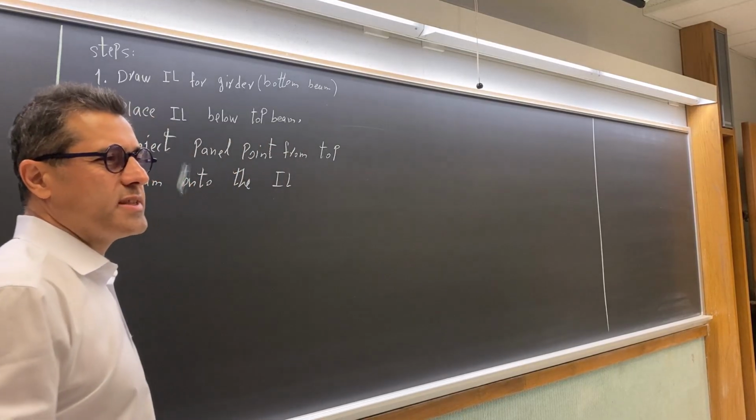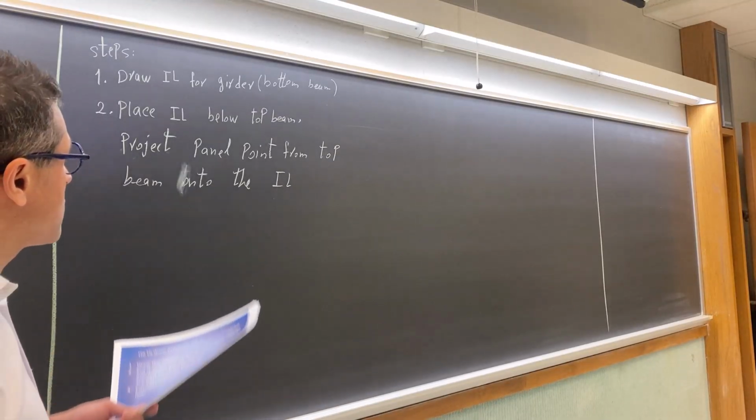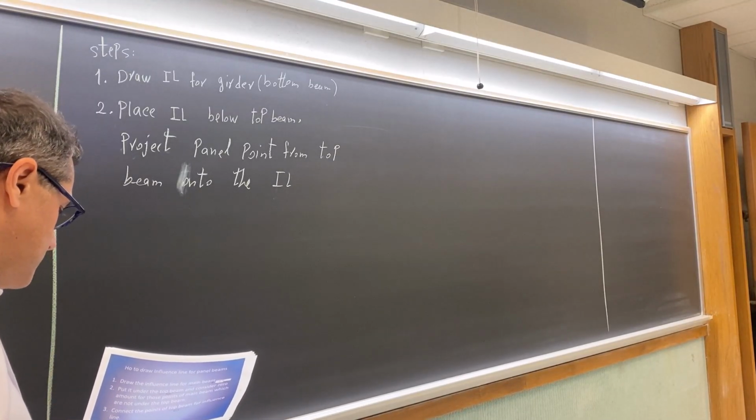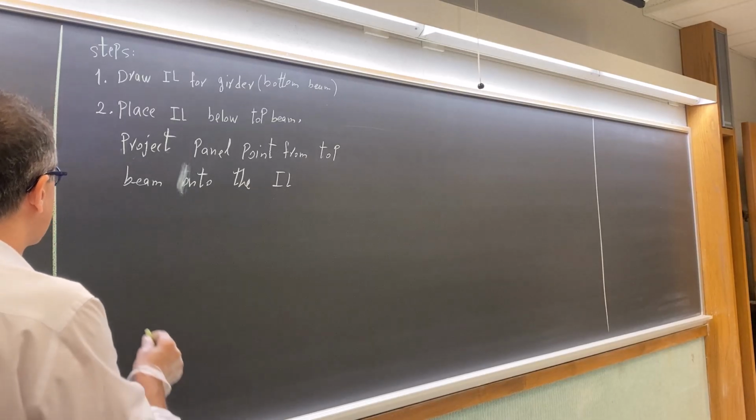Later you will see how to do it. Now, if it's not clear for you, later we will go through each step. Is that still part of step 2? Yes, that's part of step 2.